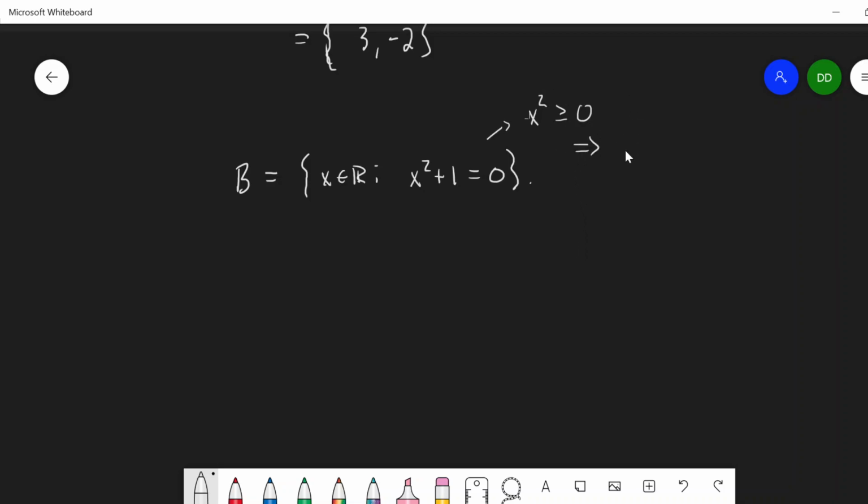That implies that x squared plus 1 is greater than or equal to 1, which is strictly greater than 0. So x squared plus 1 is always strictly greater than 0. In particular, it's never equal to 0. So there are no real numbers that satisfy this. So what set is B? It's the empty set. It's the set containing no elements.